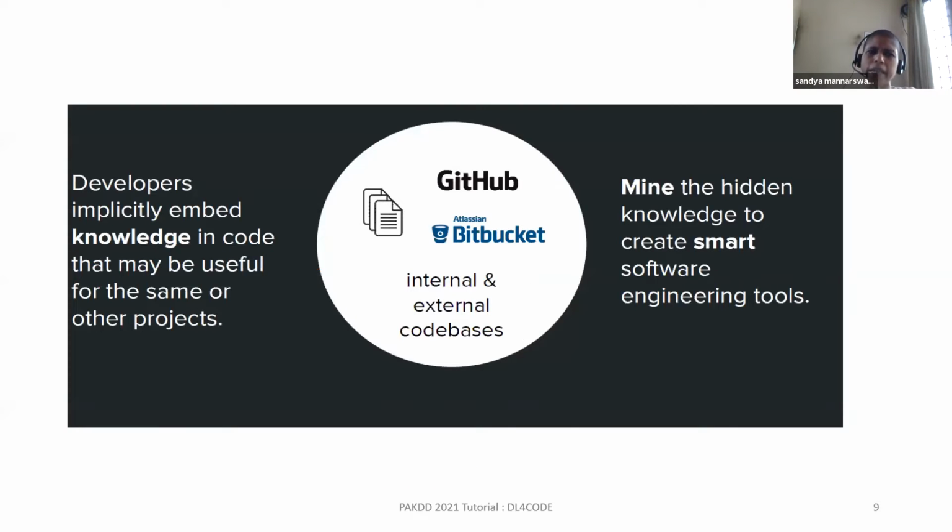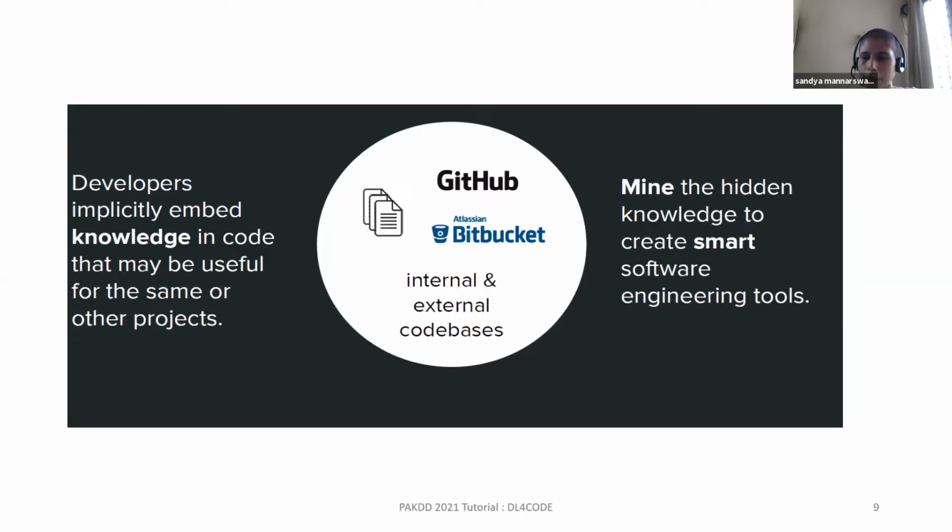The whole intent of DL4Code from the software engineering perspective is that there is considerable inherent knowledge which developers are embedding into code. When we are writing different software, programming projects, or code systems, we are building a lot of knowledge into the code.